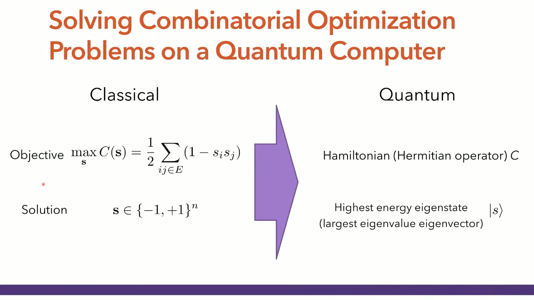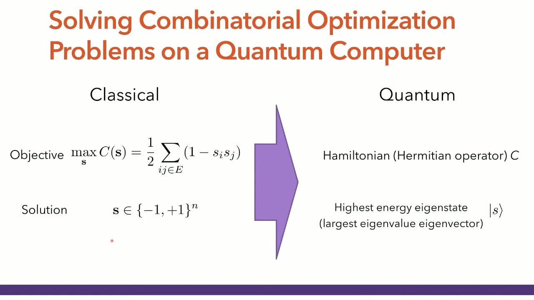We're going to take our objective function and construct some Hamiltonian, which is a Hermitian operator, a Hermitian matrix, that encodes this objective function in its spectrum, in its eigenvalues.